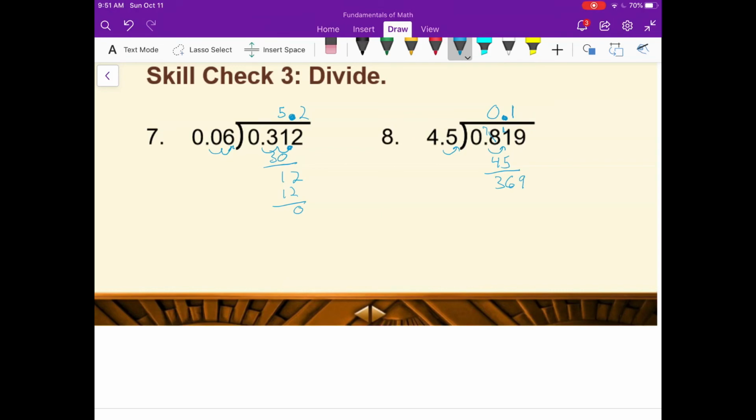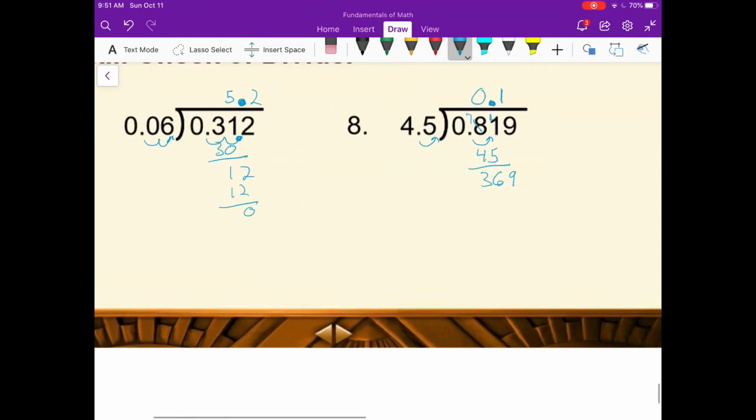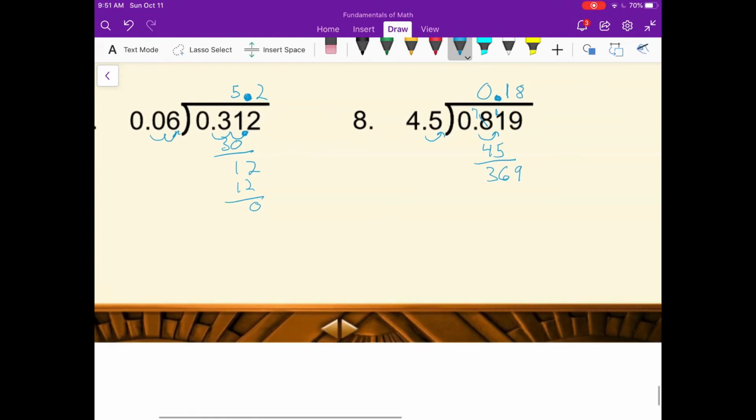Bring down the 9. 45 into 360. It's probably going to be about 8. So let's try 8. 8 times 5 is 40. And 8 times 4 is 32 plus 4 is 36. Oh, good. It works. We subtract, we get 9.